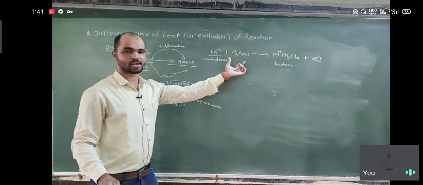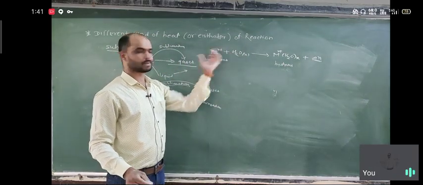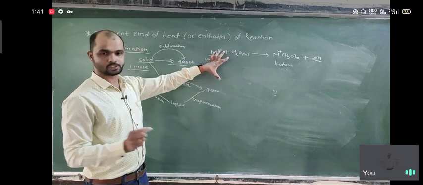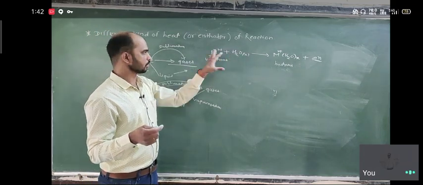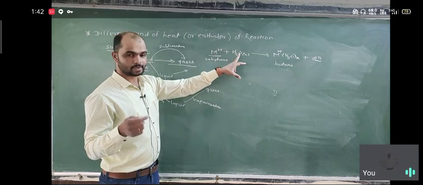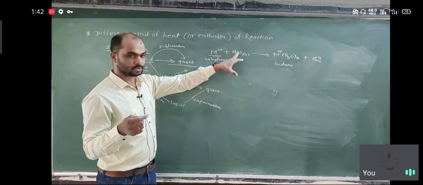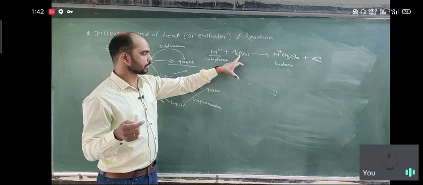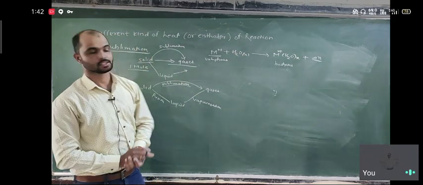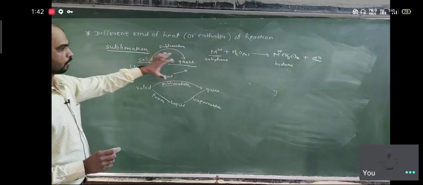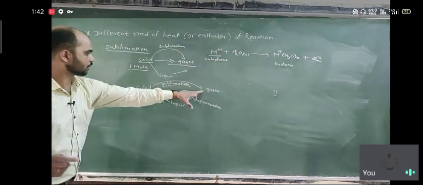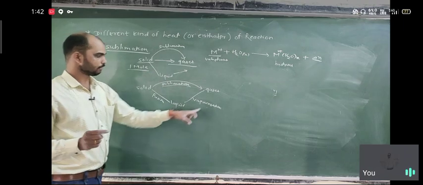How many water molecules attach depends on its ability; every anhydrous solid has a different ability to attach water molecules. When an anhydrous solid combines with a particular number of waters, there is a change in energy. That energy is called the heat of hydration. So: heat of hydration, heat of sublimation, heat of fusion, heat of vaporization.